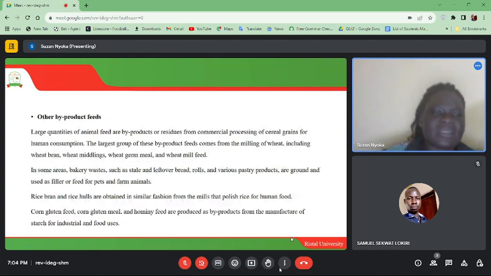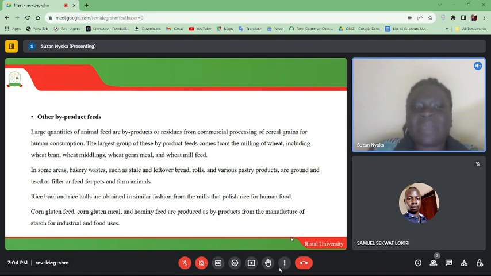Other byproducts. Large quantities of animal feed are byproducts or residues from commercial processing of cereal grains for human consumption. The largest group of these byproducts comes from the milling of wheat, including wheat bran, middlings, wheat germ meal, and wheat meal feed.